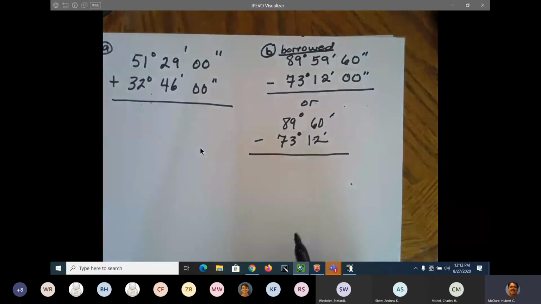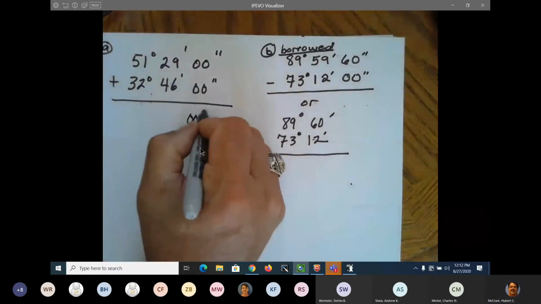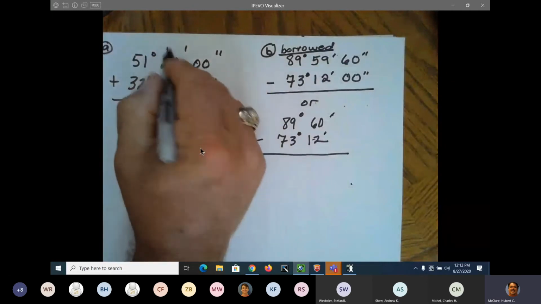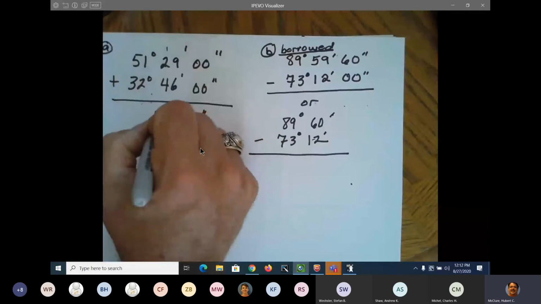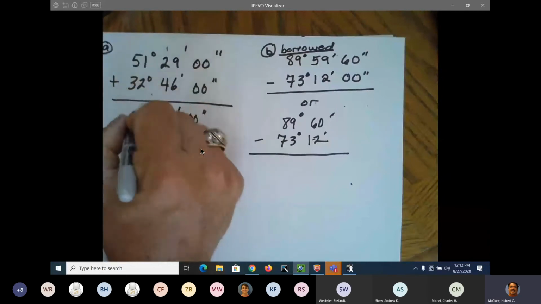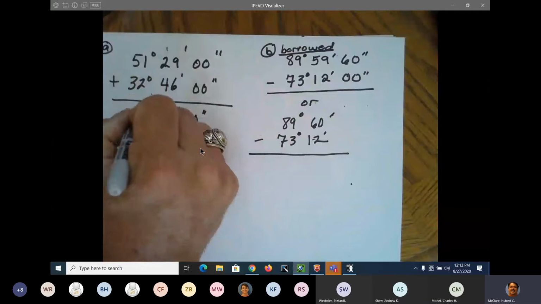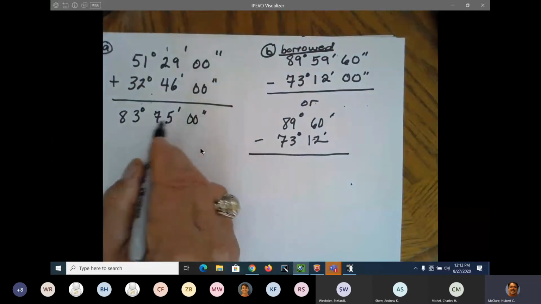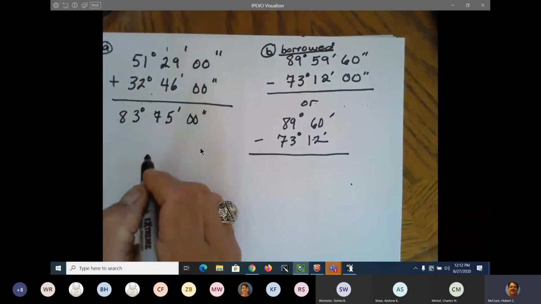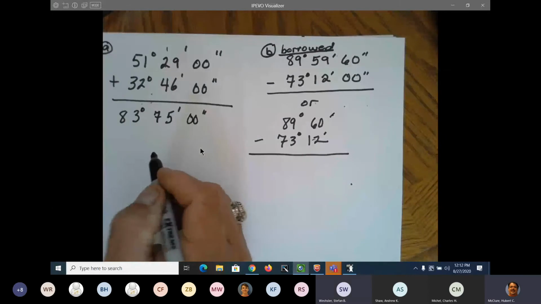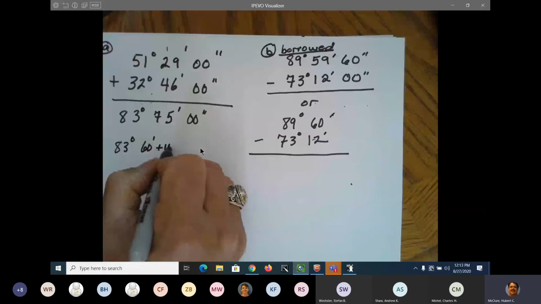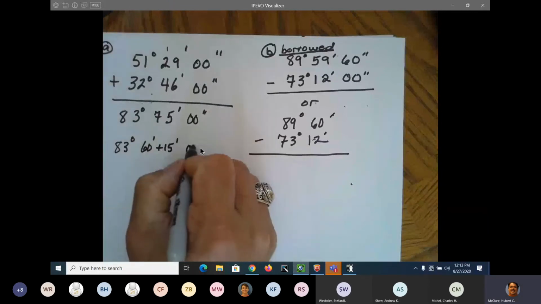So let's go with this one. 0, 0. 9 plus 6 is 15. Bring you 1, 4, 5, 6, 7. 1, 3, 8. Are we done? No, because we don't have 75 minutes. How many minutes are in a degree? 60. So that's going to be 83 degrees, 60 minutes plus 15 minutes, 0 seconds.